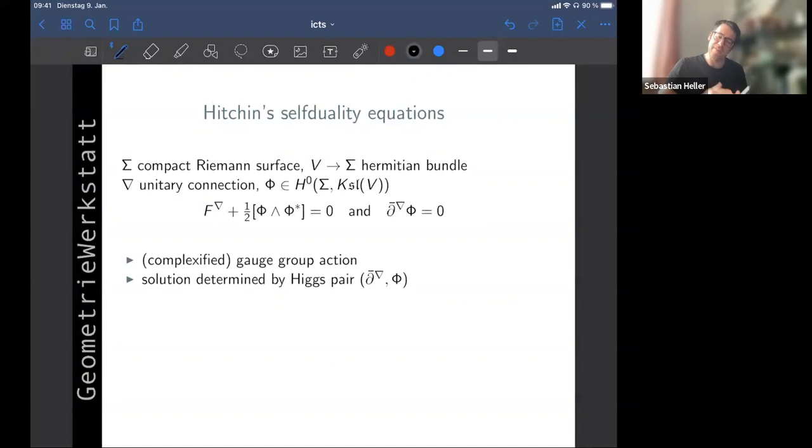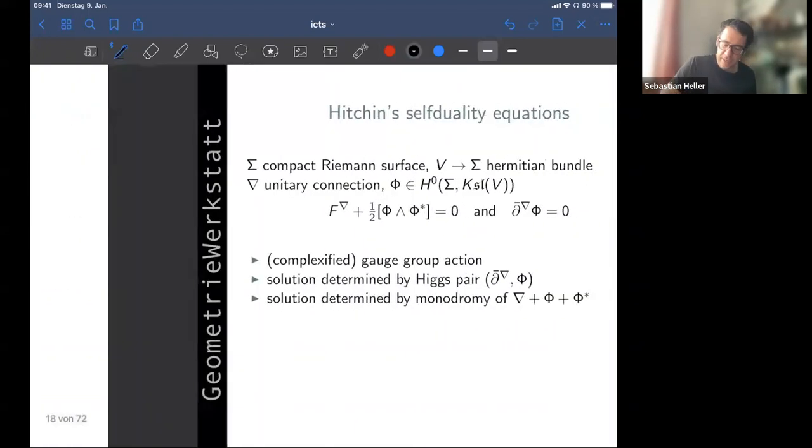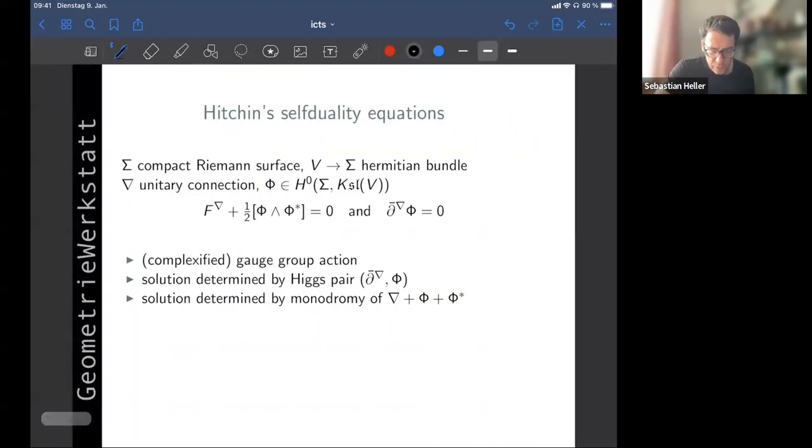And this is one way where you already see somehow that complex geometry shows up. And a second observation, I think this was originally due to Simon Donaldson, is that the solution is also determined by the monodromy of this flat connection, nabla plus phi star. So it's a flat connection.